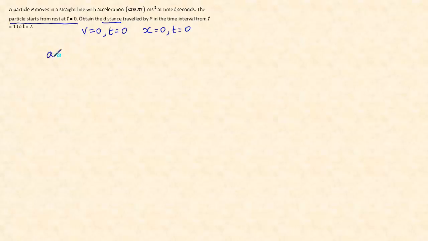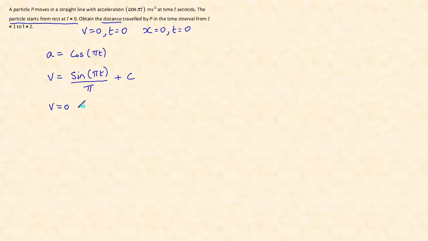So we know that a is cos(pi t), and to get velocity we then integrate. Cos integrates to sine, so that will be sine(pi t) divided by the differential of the inside function, plus c.